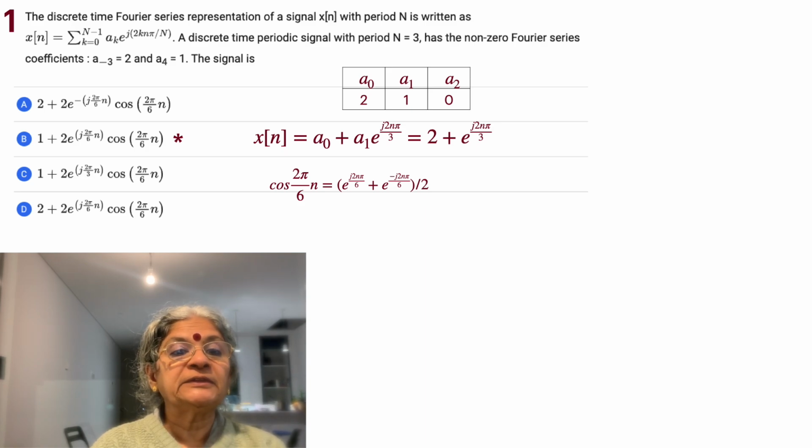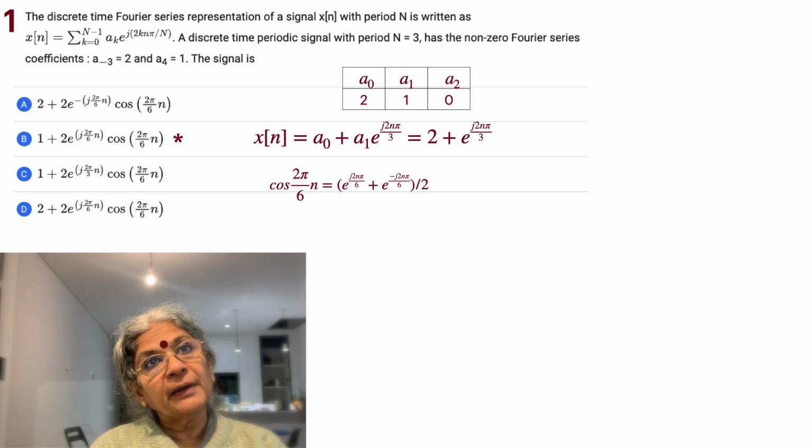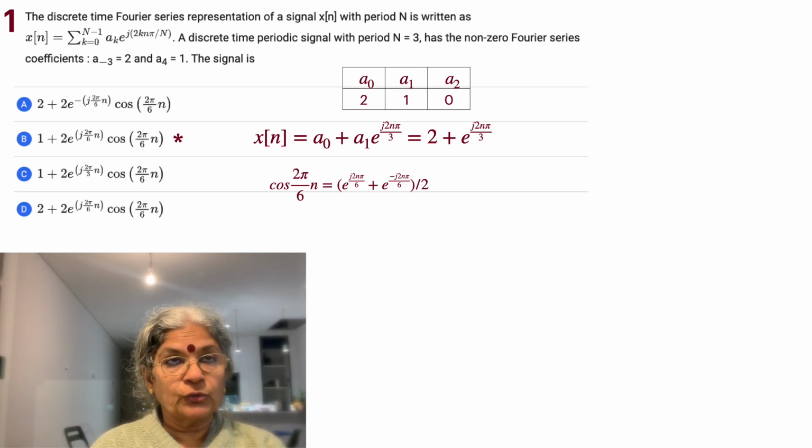Or in other words, the signal x[n] will be described by k equal to 0, k equal to 1, and k equal to 2. 3 minus 1 is 2. Okay, so there are only 3 coefficients. And what are these coefficients? They are recurring, or they are periodic in nature. So we have a minus 3, also a minus 3 plus 3 or a0, or a minus 3 minus 3, a minus 6, and so on and so forth.